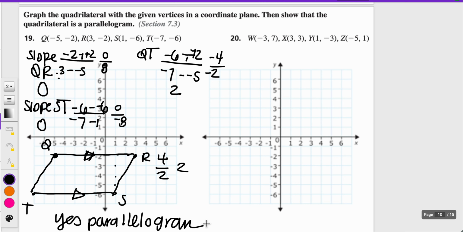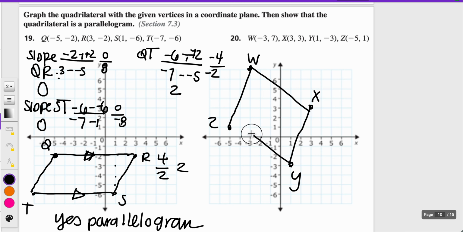Okay. For number 20, I've got -3, 7 for W, 3, 3 for X, Y is 1, -3, and Z is -5, 1. Okay, for this one, as I connect all my points, I just want to check my slopes, and I already found those for us real quick.